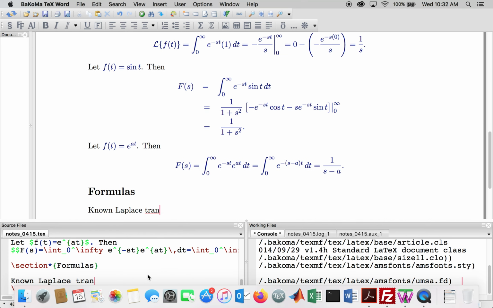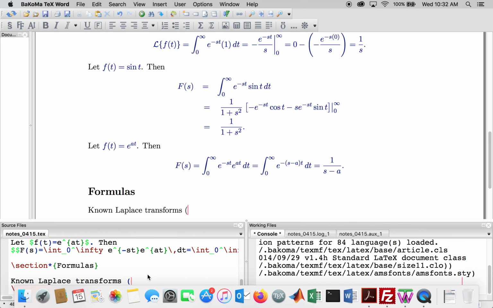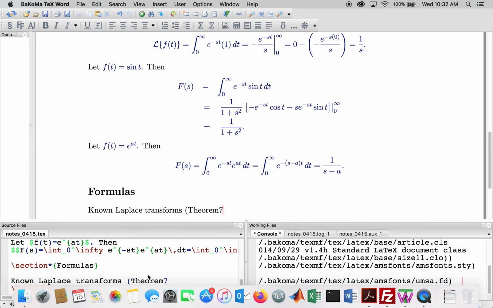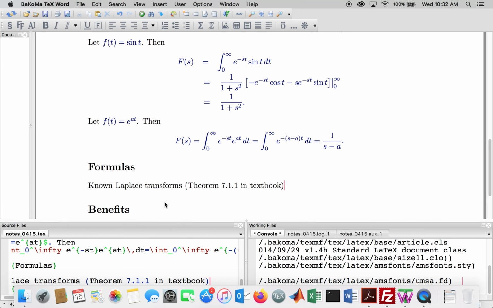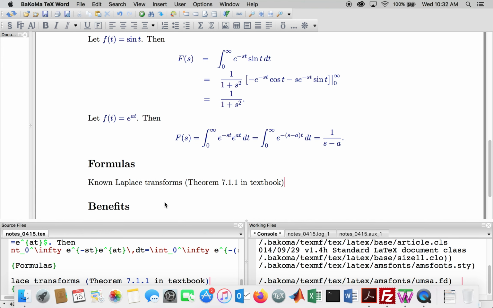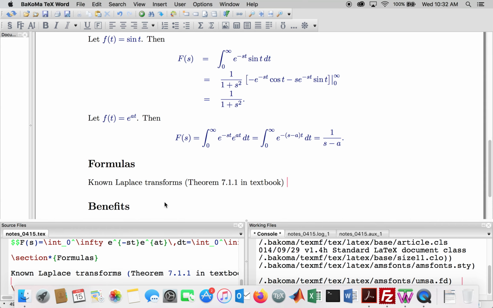There are many functions for which Laplace transforms have been worked out. All I'm going to do is show you a few, and this corresponds to theorem 7.1.1 in the textbook that you would see on WebAssign, and this is relevant for the homework on section 7.1. I'm not going to give you the full theorem, just the ones that are actually needed for the homework.